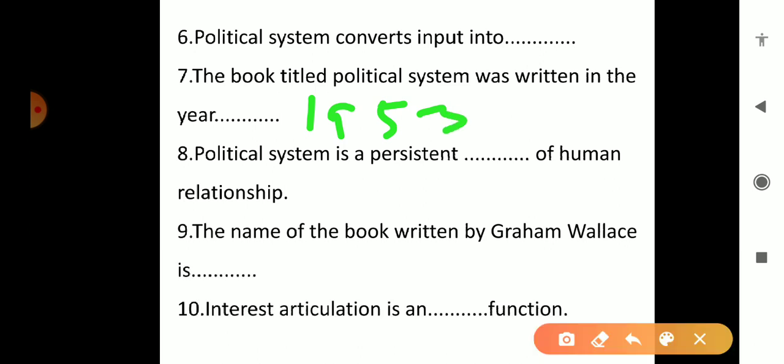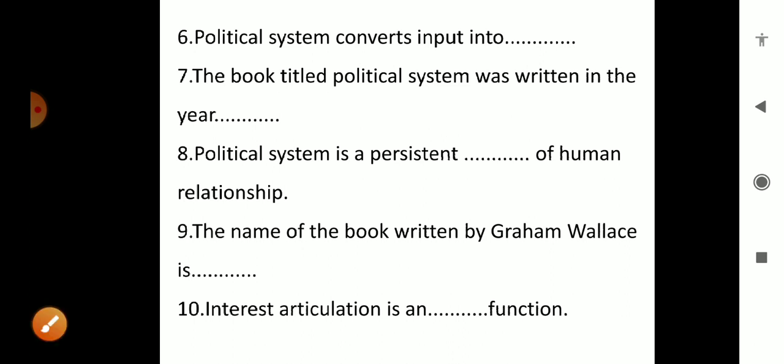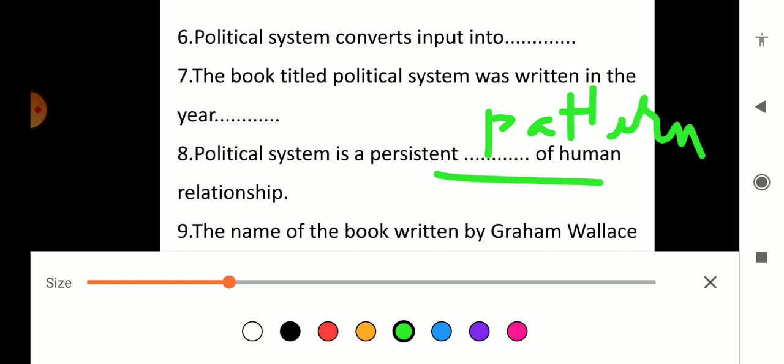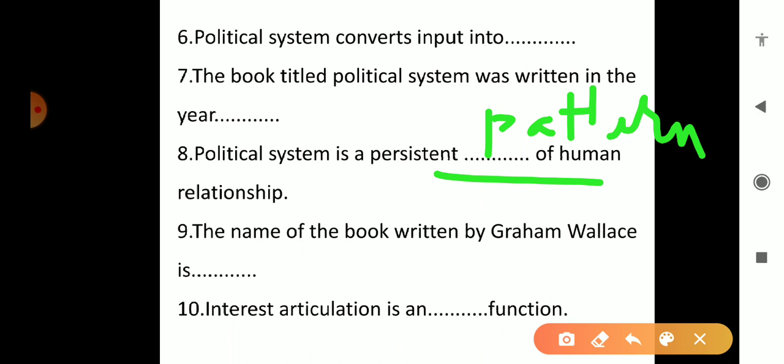Then political system is a persistent pattern of human relationship. Persistent what? Persistent pattern of human relationship, right? This is our option.